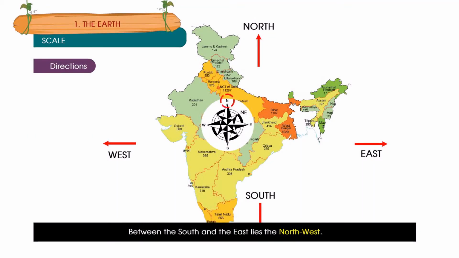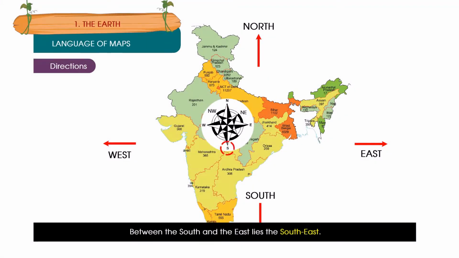Between the north and the west lies the northwest. Between the south and the east lies the southeast. Between the south and the west lies the southwest. All maps follow the same method to show directions.